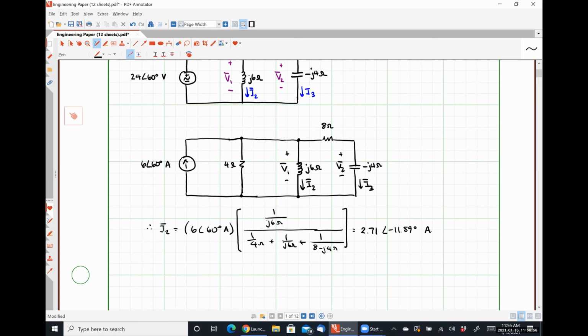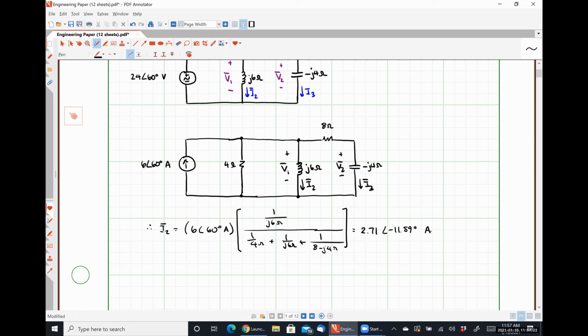Let's start there. The reason I say that is because some people teach current division differently than I do. I typically teach this method, which is valid for an infinite number of branches in parallel, where you use 1 over the branch you're looking for divided by 1 over all of the branches added together.